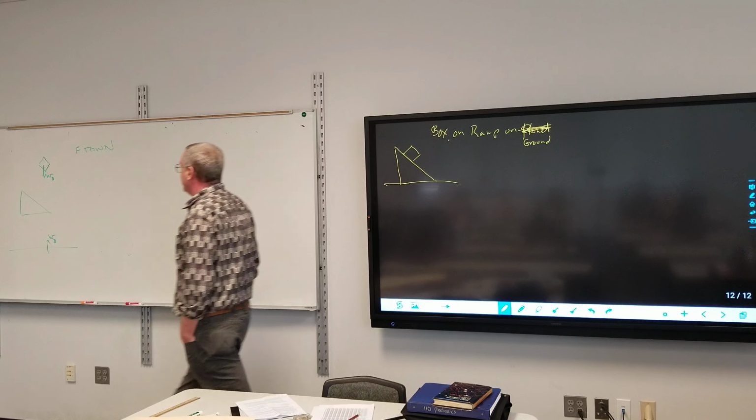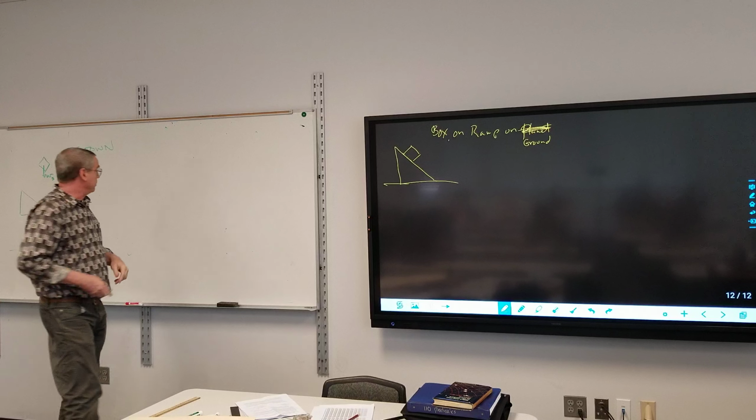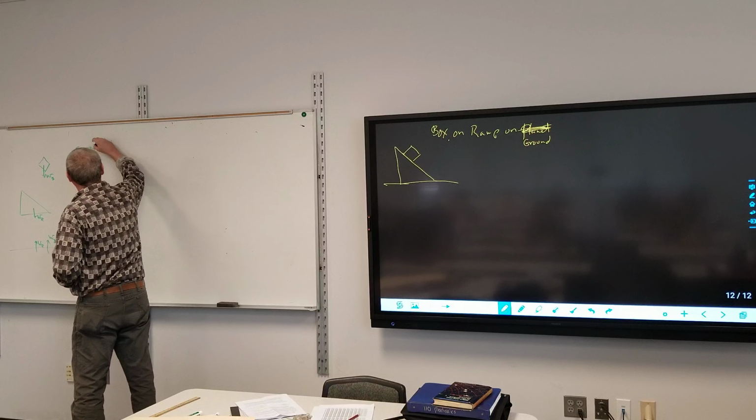Okay, which way is it acting on the ramp? Down, planet up. Now, if you don't want to use R for ramp and B for box, that's fine, just so long as these two have the same subscript, these two have the same subscript. All right, those are the two small objects, weight is done.